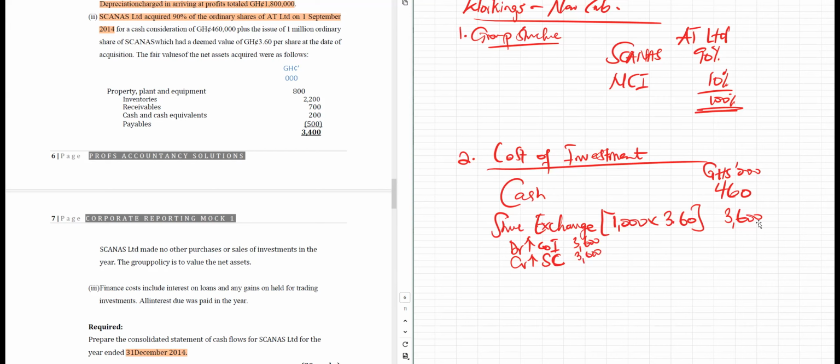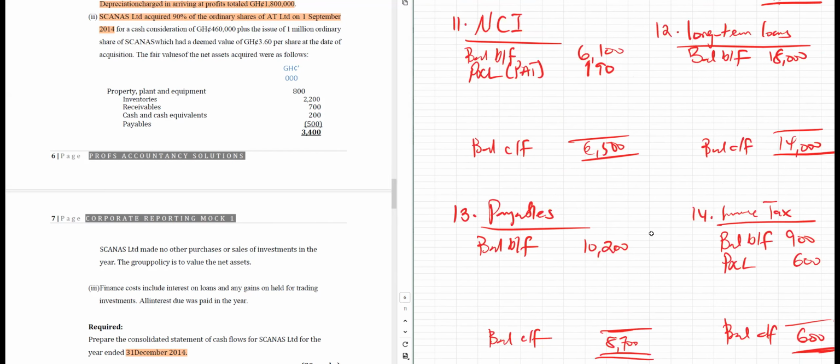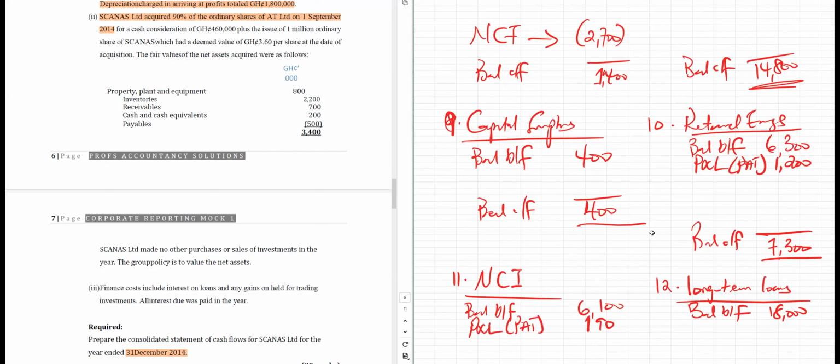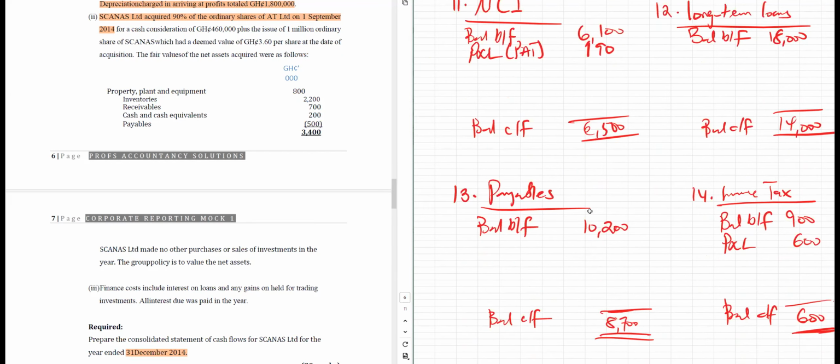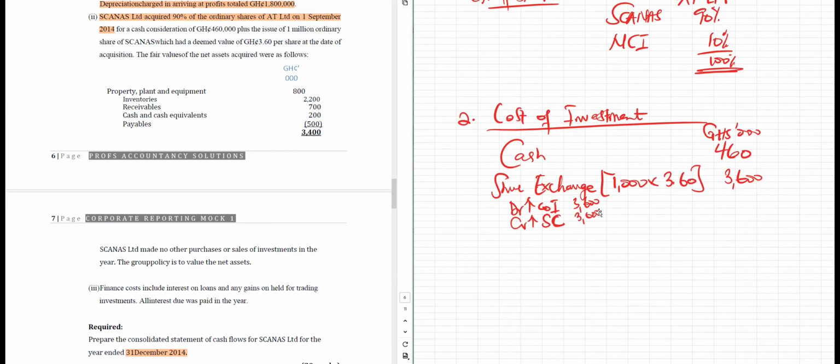So we must debit cost of investment, and here the credit goes to share capital. Do we have a share capital account here? Yes. So we say acquisition of subsidiary, 3,600. We go and add it. You see why I open all the accounts? Otherwise it wastes time.